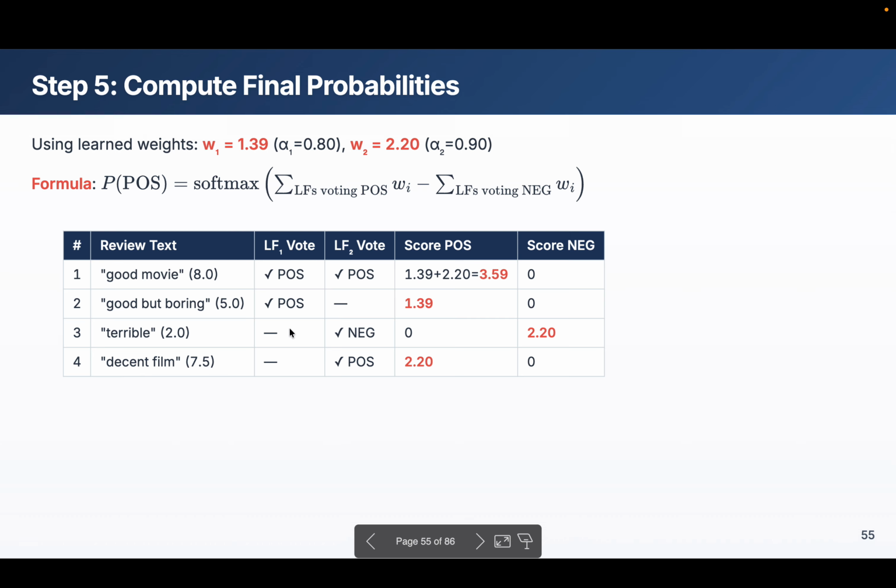Terrible, LF1 abstains, LF2 votes it negative. So, score for positive is 0, score for negative is 2.2. Similarly, the last one, decent film, LF1 does not vote, LF2 votes it to be positive. So, the score for this is 2.2. Now, for each of these 4 examples, I have score positive and score negative. These are the weights I have calculated.